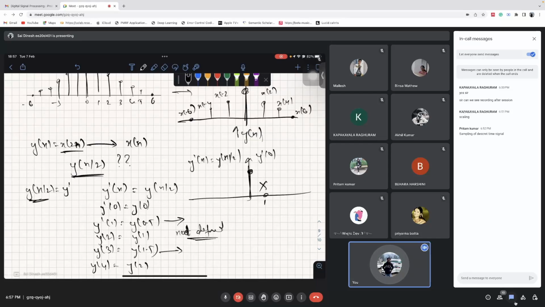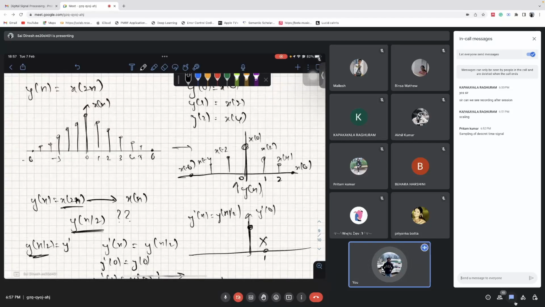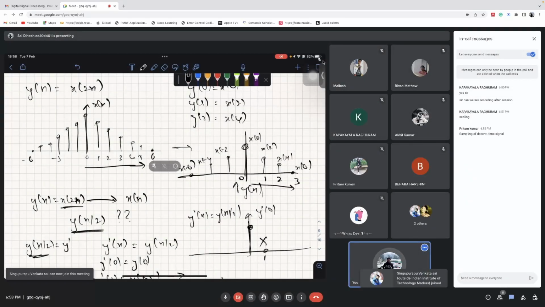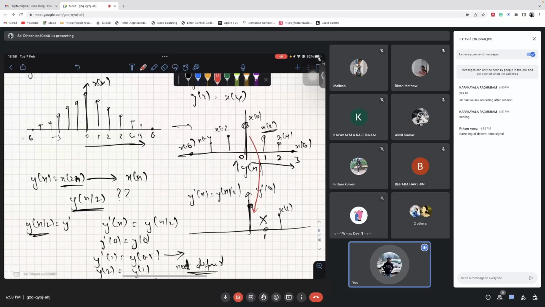Which is now again y of 1. So here this is 1 2 3. It is 1 to 6 here, it is only 1 to 3 here. Correct? So y dash of 1 is not defined, and then y dash of 2 is y of 1, which is x of 2, or like this sample.